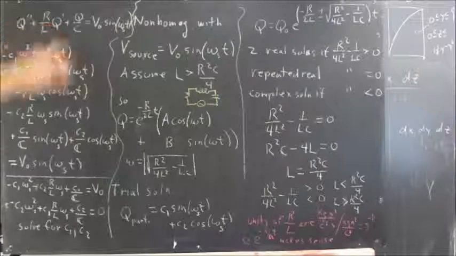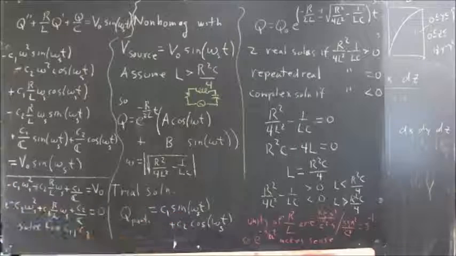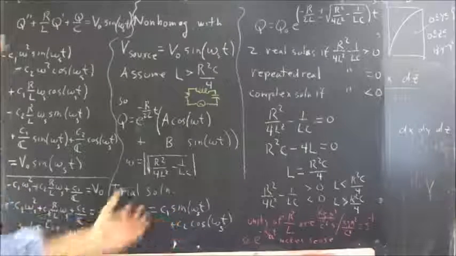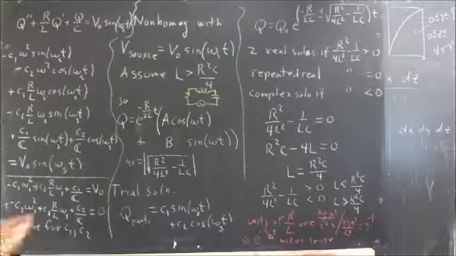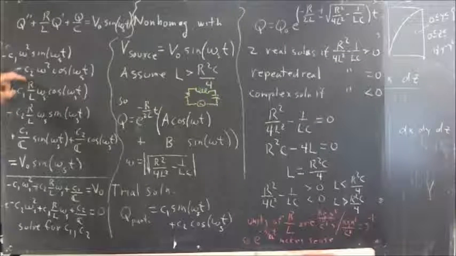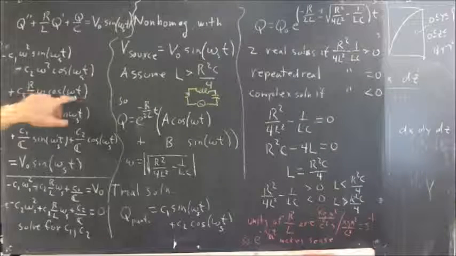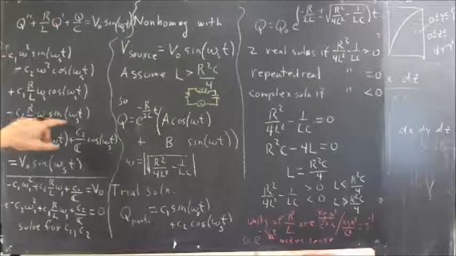And then Q prime is going to be what? It's going to be C1 omega s times the cosine of omega s t minus C2 omega s times the sine of omega s t. Again, this is extremely straightforward. So if we just write it down carefully, we're going to have it right, and I believe that gives us a C1 times R over L omega s times the cosine minus C2 times R over L times omega s times the sine.